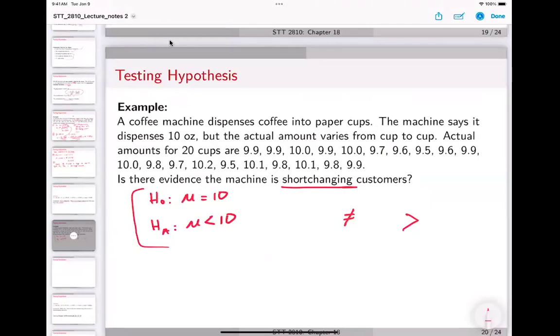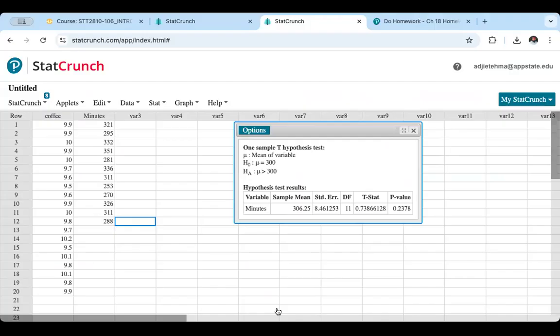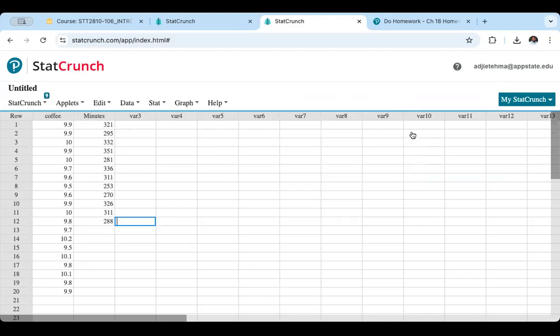So I'm going back to StatCrunch. So for me, I've inputted the data already, which I named coffee. Is that okay? You have to do that.